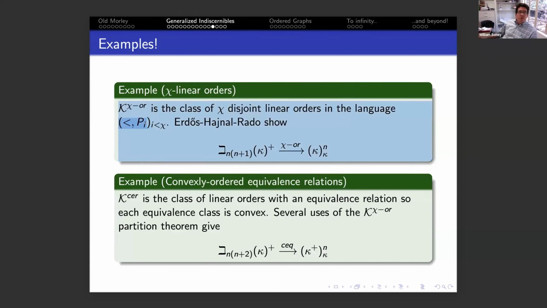You put this in some language, but there's an old result of Erdős, Hajnal, and Rado that shows that we have this nice structural partition relation. And what you need, this polynomial, is n times n plus 1.